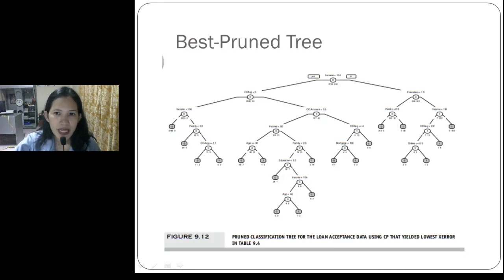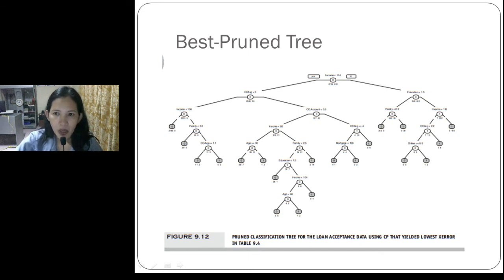A further enhancement in the interest of model parsimony is to incorporate the sampling error, which might cause this minimum to vary if we had a different sample. The enhancement uses the estimated standard error of the cross-validation error, or xstd, to prune the tree even further.